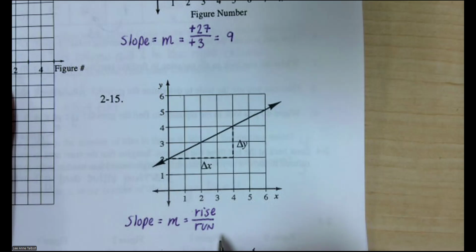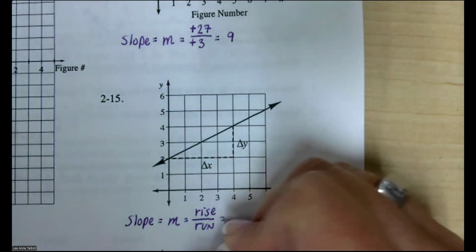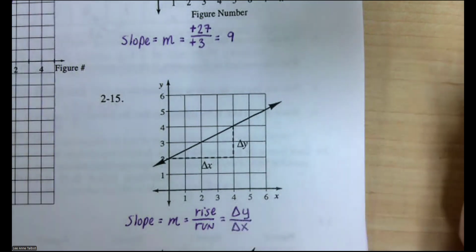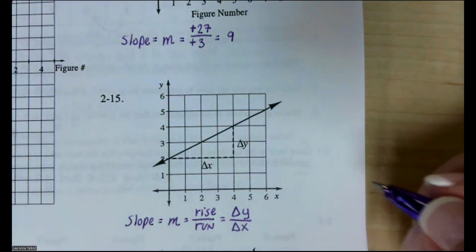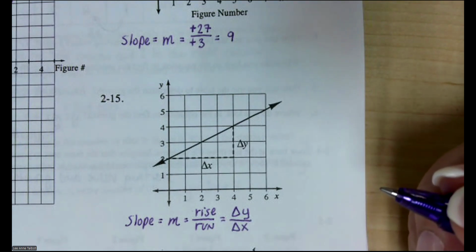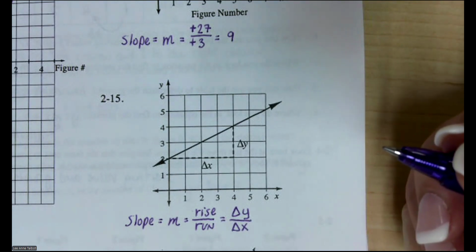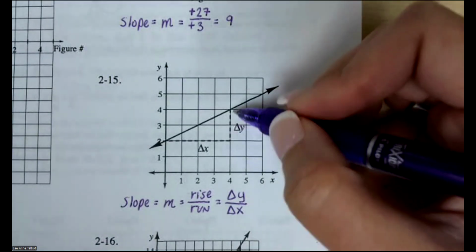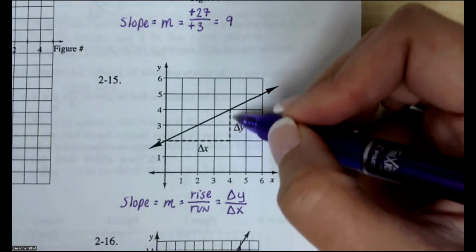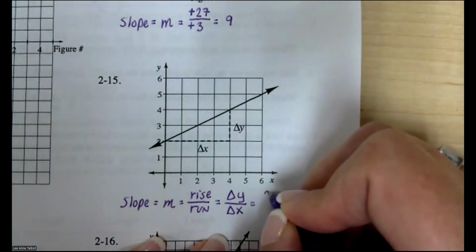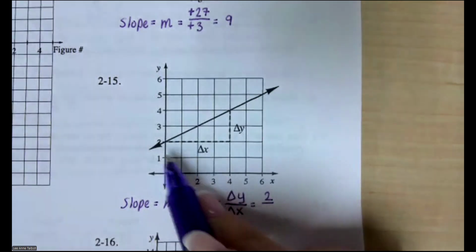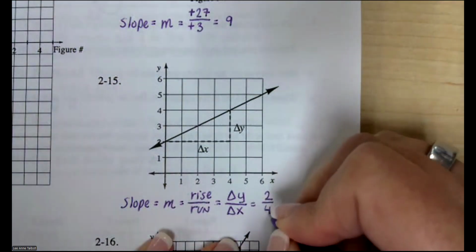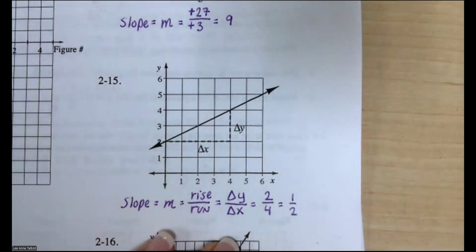Slope is rise over run, which is the change in y over the change in x. Now what is the change in y on this problem? 2. And the change in x is 4. And then you reduce it to 1/2.